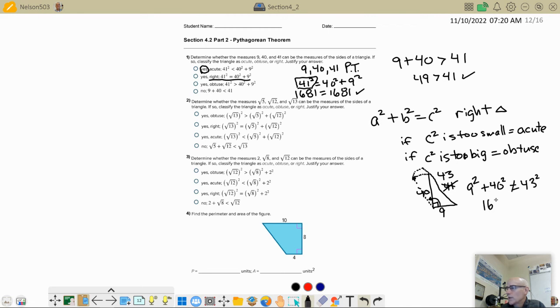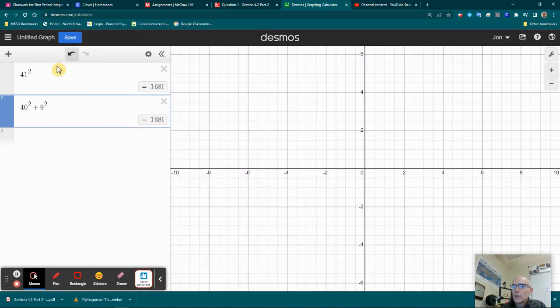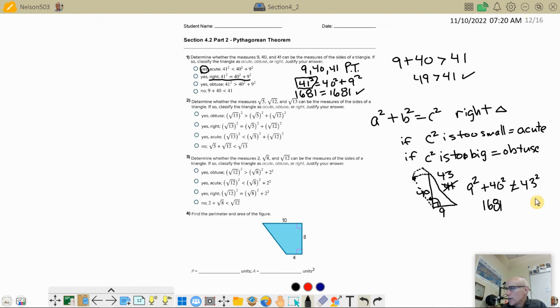This side is 1681, and this side over here, 43 squared, is 1849. And here's what you do. You'd circle this and say, nope, too big, therefore obtuse. And there's a fancy way of saying therefore in a little diagram. That means therefore obtuse.